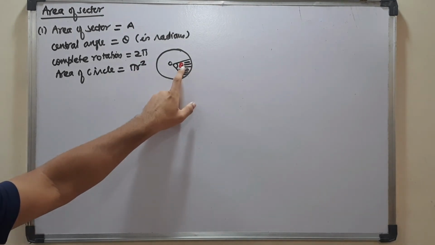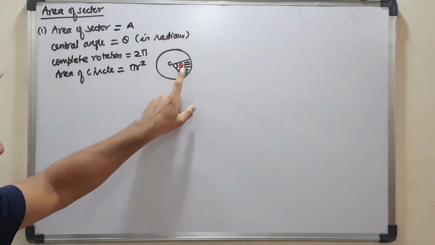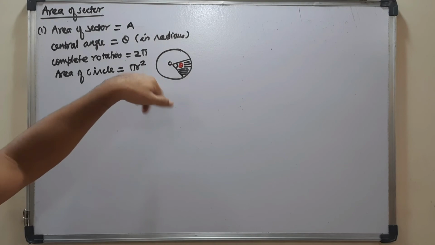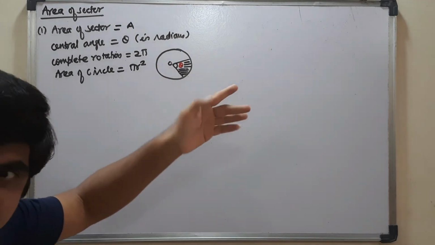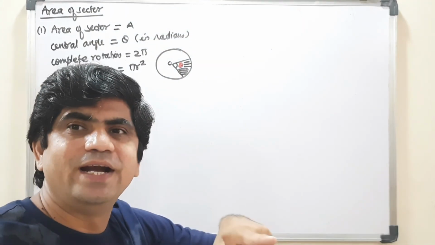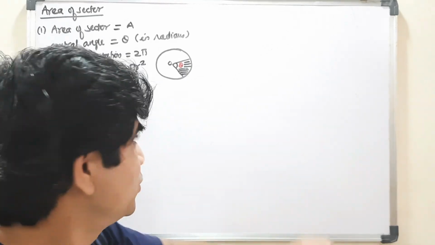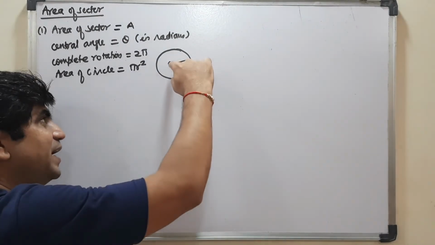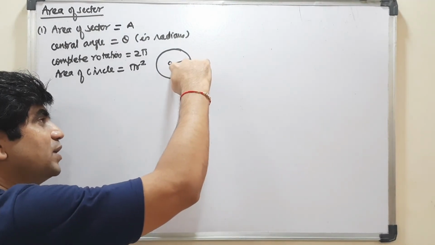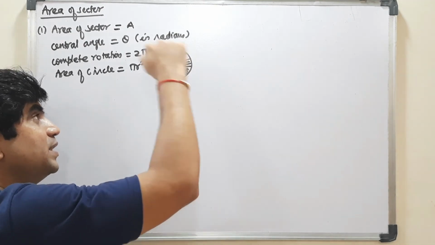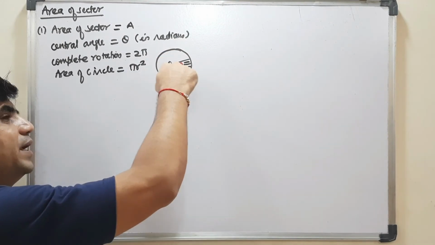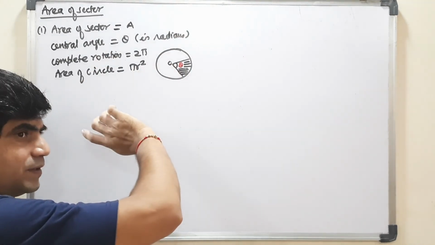So area of sector, when we find, this is the sector that you have studied in lower standard. Now this central angle which is there, we have taken it as theta, that is in radian. Then one complete rotation, obviously 360 degree, which is nothing but 2 pi, because we saw that pi radian is equal to 180 degree. So it is 2 into 180, that is 2 pi. Now you can also see the relationship. This particular theta is related to this particular area of sector. That means the complete measurement also will be related to the area of complete circle, right?